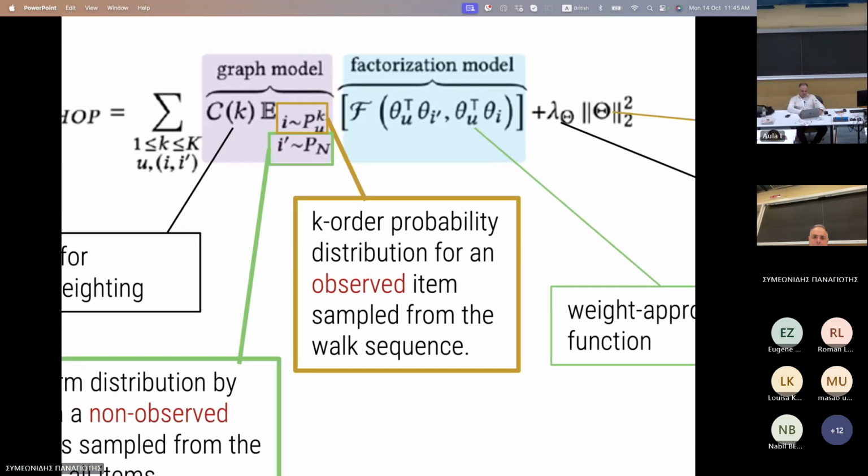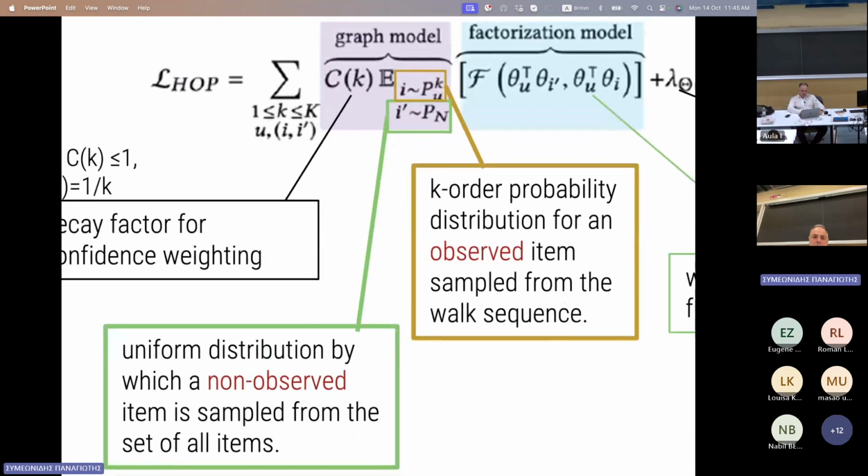Also, here we have the uniform distribution by which a non-observed item is sampled from the set of all items for our graph model. And also we have the k-order probability distribution for observed items sampled from the walk sequence.